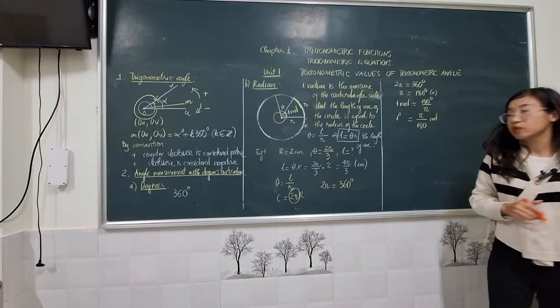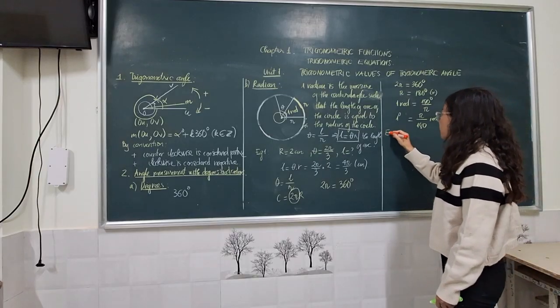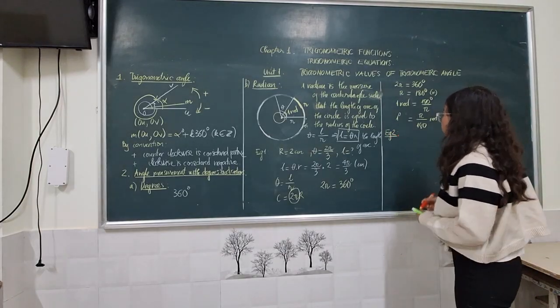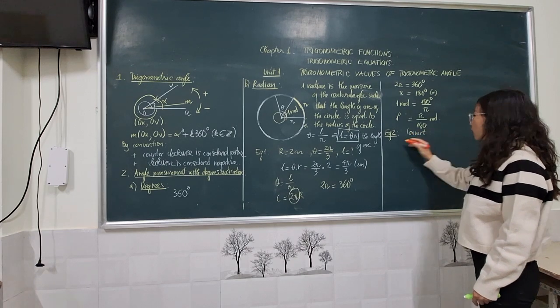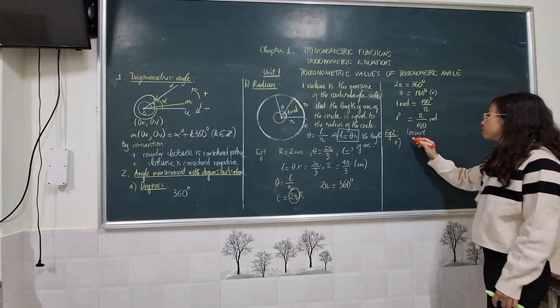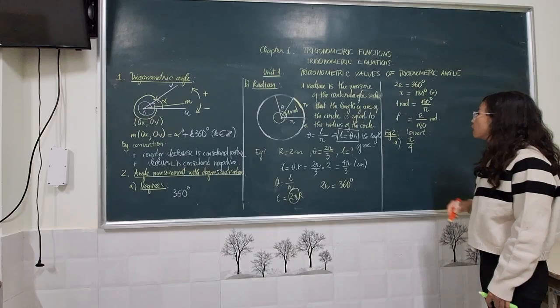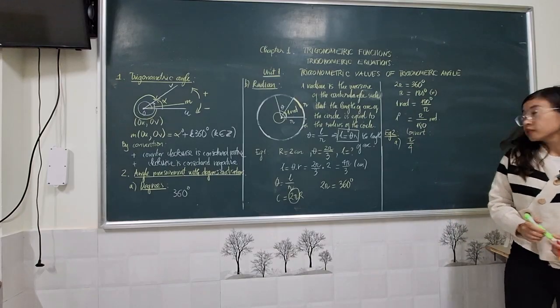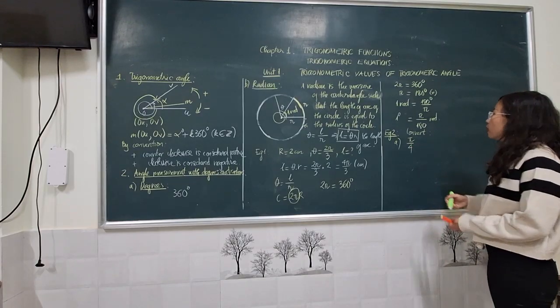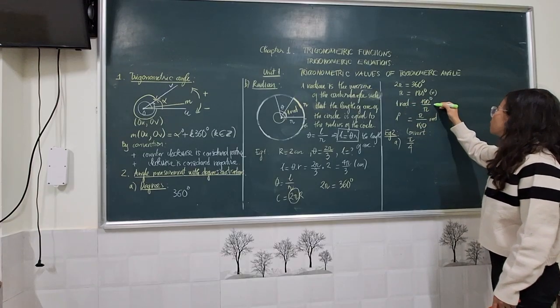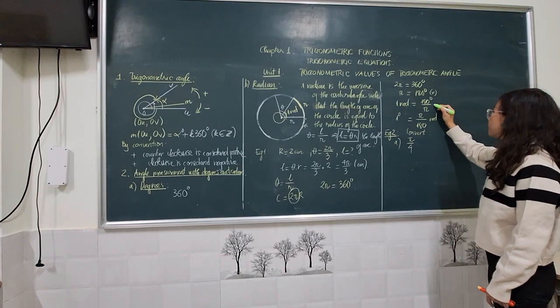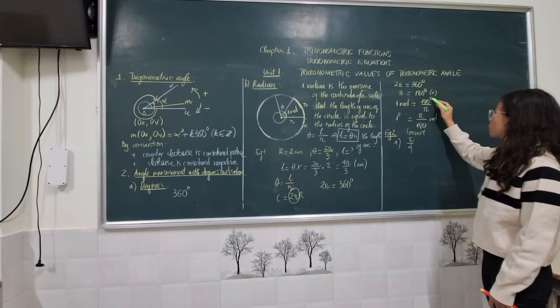Okay, now let's do some examples. Example 2. Convert pi over 4 to degrees. To convert from radians to degrees, we multiply by 180 degrees over pi.